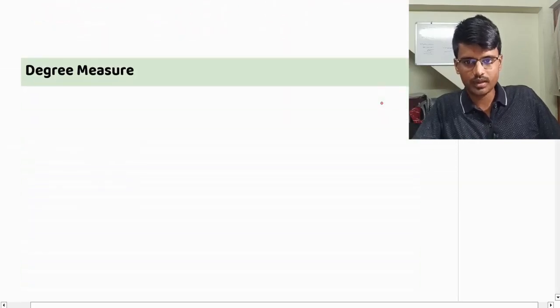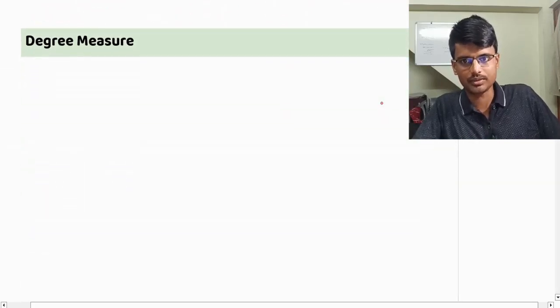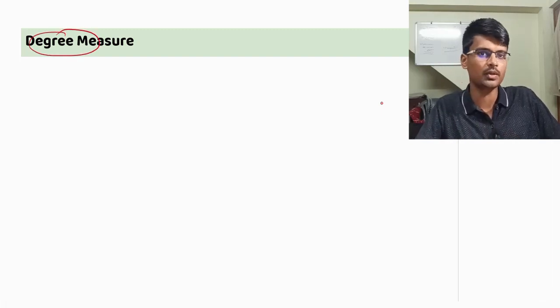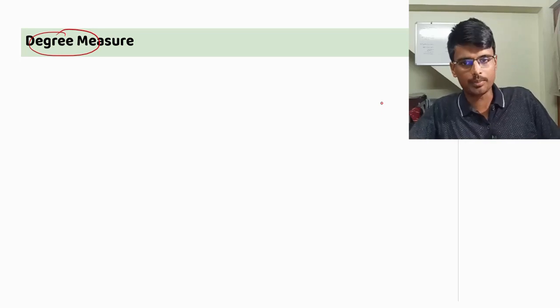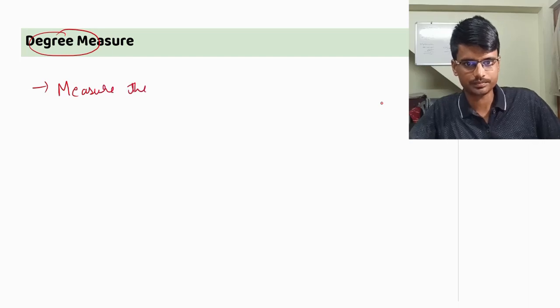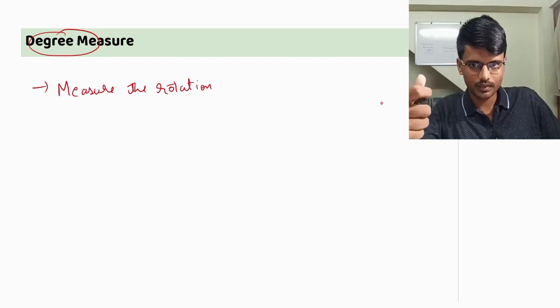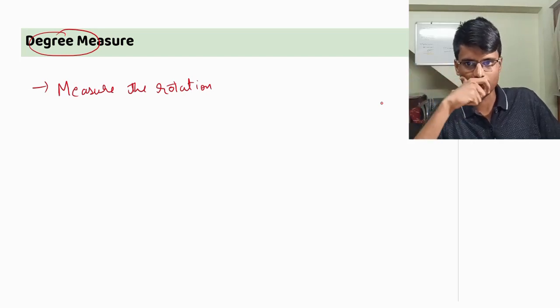So what is a degree measure? I have already introduced, but I'll just define what exactly is a degree. We need some unit to measure the rotation. Like for distance we have meter, kilometer, centimeter. Similarly for rotation we have some unit, that is degree.